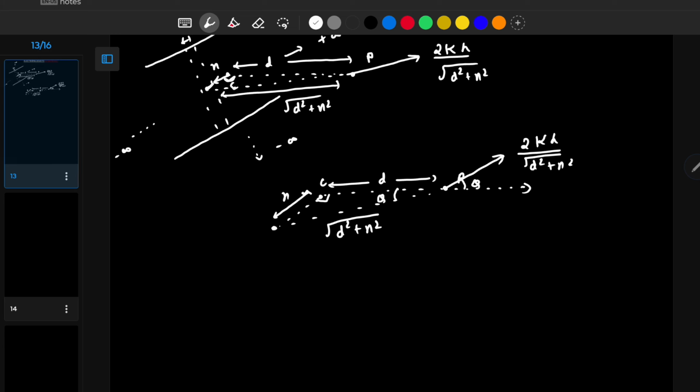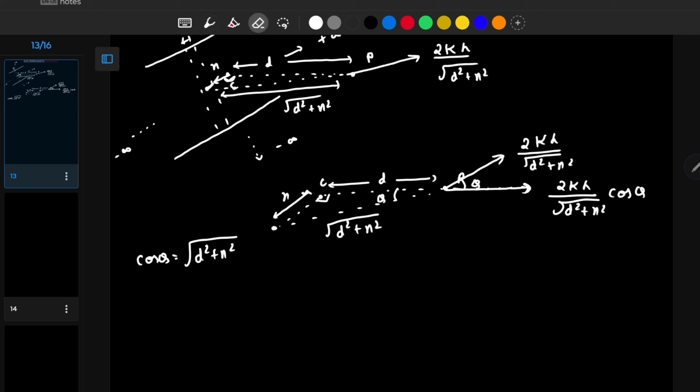Now this component is going to be 2kλ over root of d square plus x square times cos theta, and the value of cos theta is d upon root of d square plus x square.